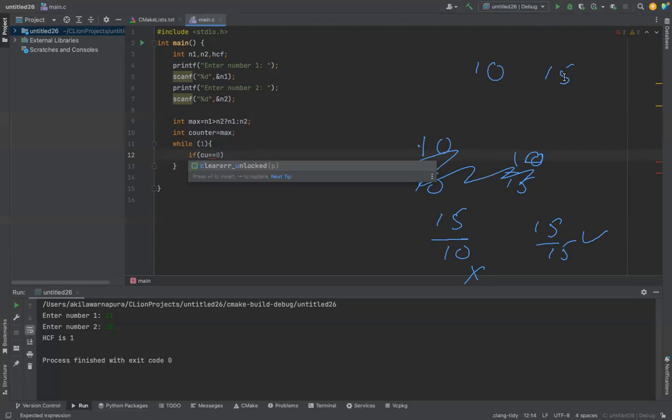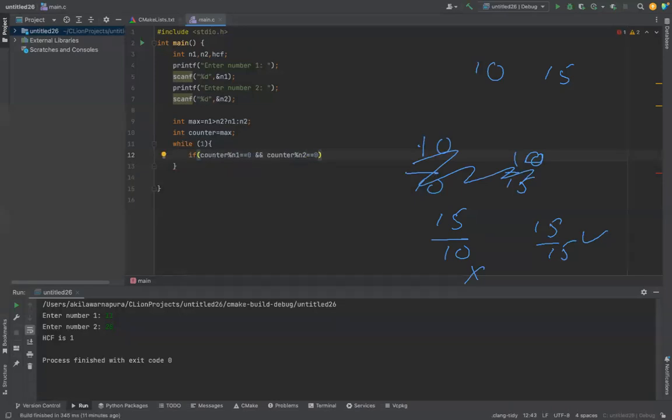That means initially you start from 15. Check whether this counter variable modulus number 1 equal 0, and counter variable modulus number 2 equal 0.